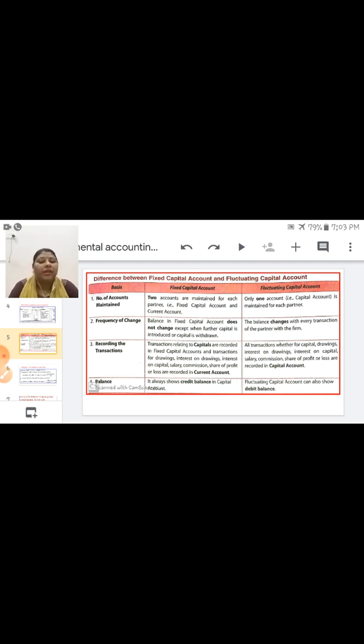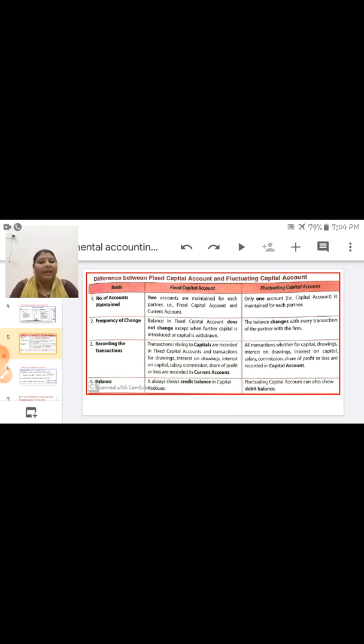Next is recording the transaction. Transactions related to capital are recorded in fixed capital account, and transactions for drawing, interest on drawing, interest on capital, salary, commission, share of profit or loss are recorded in current account. And in fluctuating capital account, all transactions, whether for capital, drawing, interest on capital, share of profit or loss, salary, commission, are all recorded in capital account.